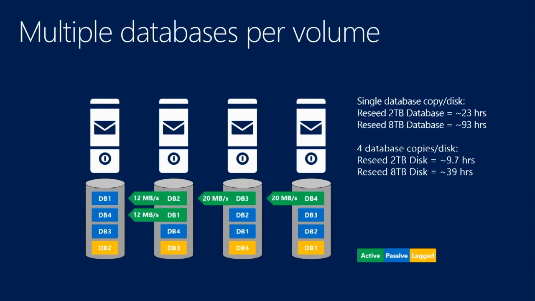So this is where multiple databases per volume comes in. We did a substantial amount of work in Exchange 2010 and 2013 to reduce the amount of IOPS that are required, in particular for the passive database copy. And so overall, if you look at our IOPS reduction between 2010 and 2013, it's about a 33% reduction in IOPS.